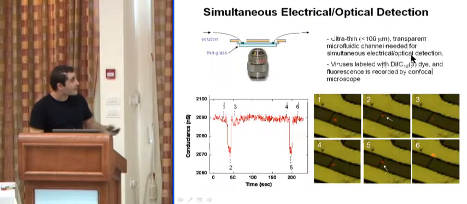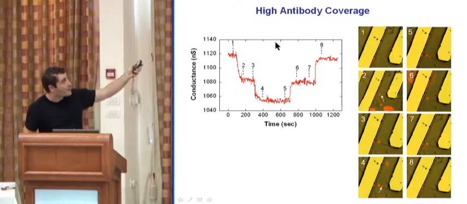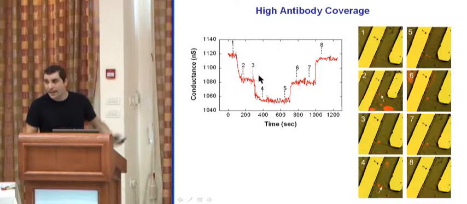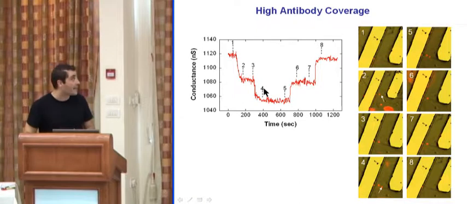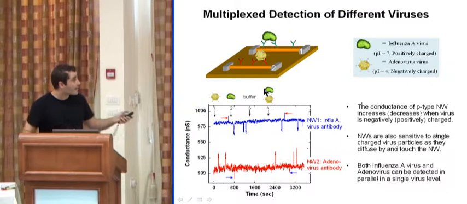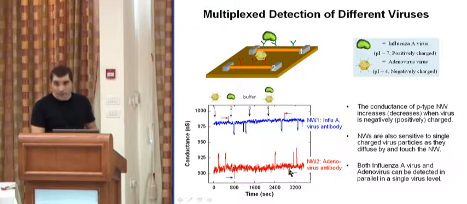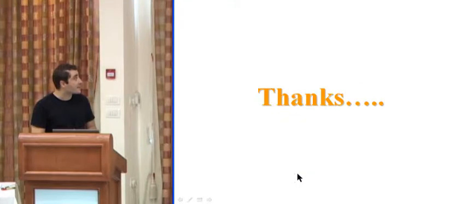So we can see here other systems where high antibody coverage will lead to almost non-reversible viral binding. So we can, at the same time, sense influenza and HIV on a single surface with a sensing limit of a single virus. And that's all.